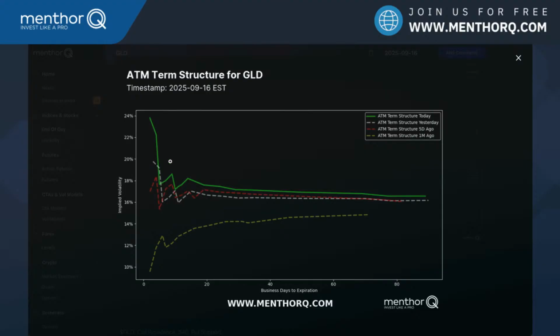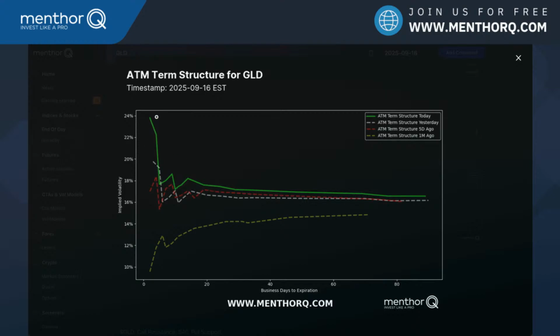So look at the structure of the term structure for GLD. We're seeing a higher volatility in the shorter maturities compared to the longer maturities, and we also have seen a shift in the curve from a month ago. So from a month ago, we were in a different structure. Now we are seeing a completely different structure.